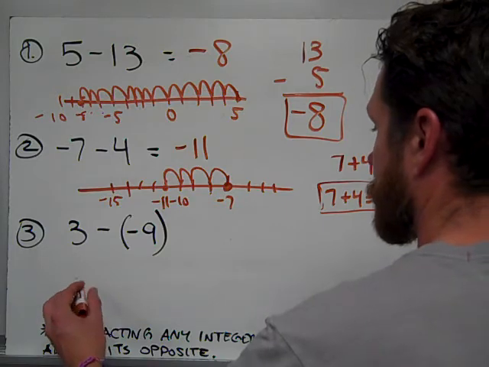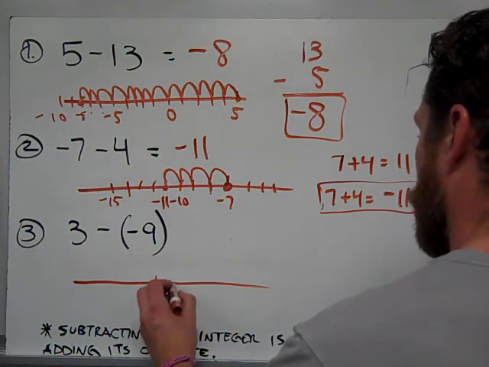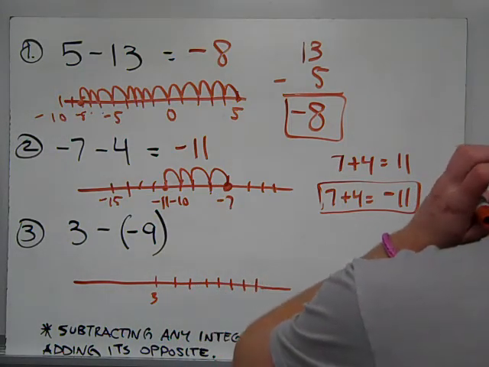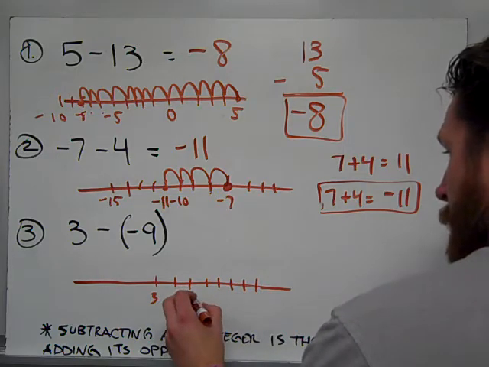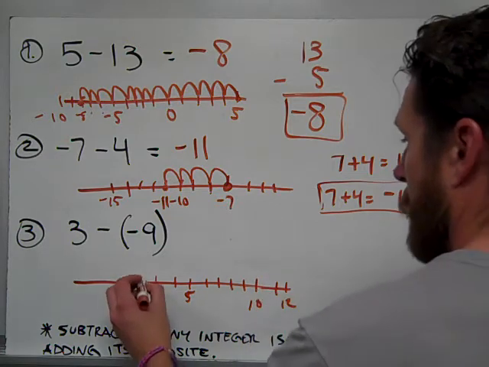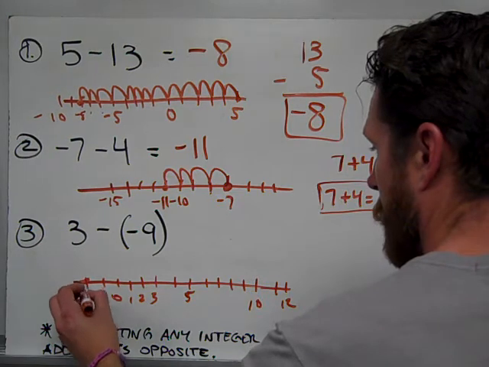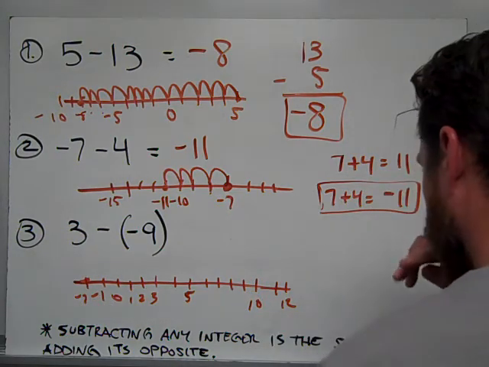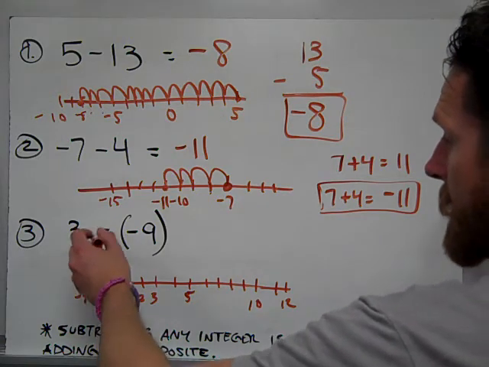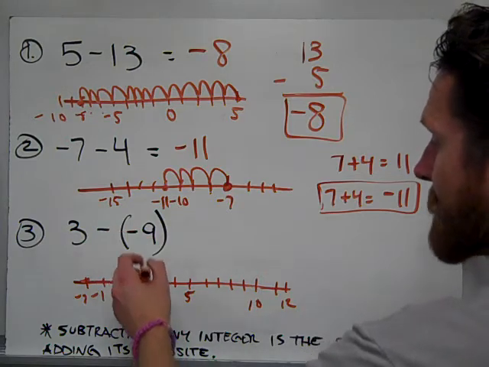Number line it. All right. Here we go. 3 minus a negative 9.